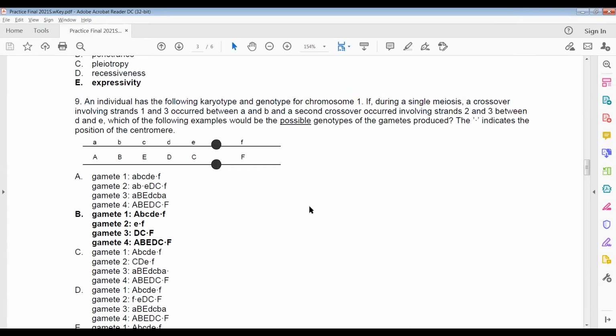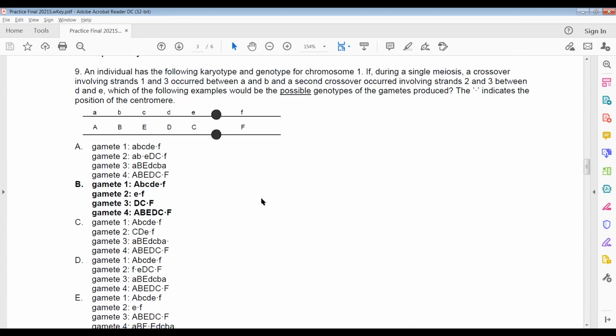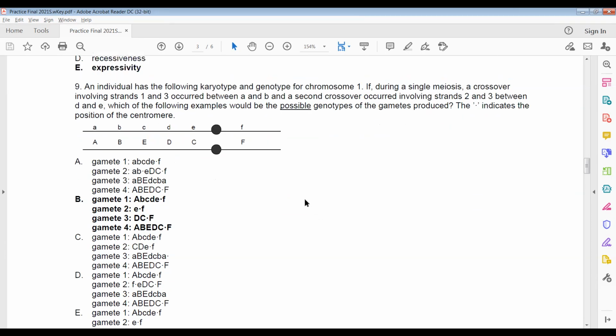All right, so this is the inversion problem, right? We have an inversion. This is paracentric, because the inversion is in CDE, so this inversion region does not involve the centromere.